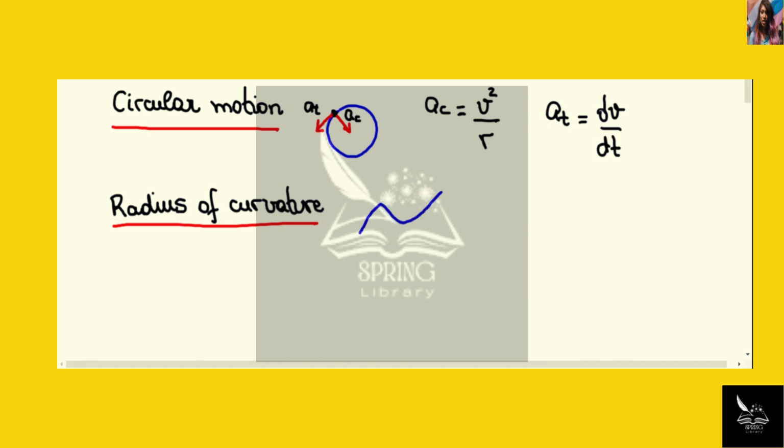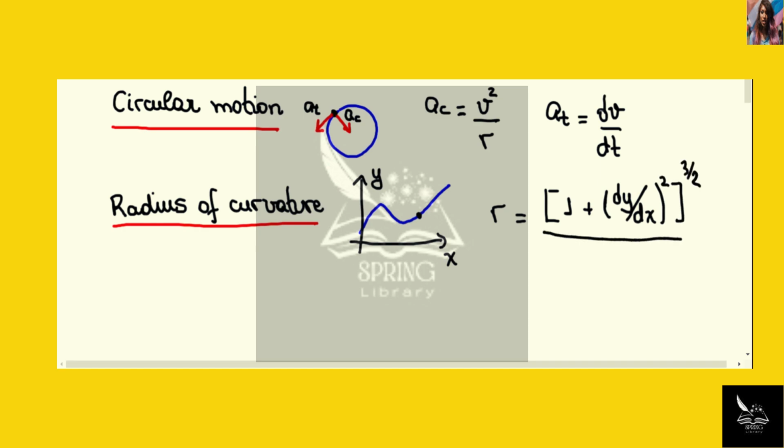Now, given an arbitrary curve, such that we have the expression for y as a function of x, we can find the radius of curvature of the curve in any point to be equal to 1 plus the derivative of y with respect to x squared, to the 3 halves, divided by the magnitude of d2y dx2.